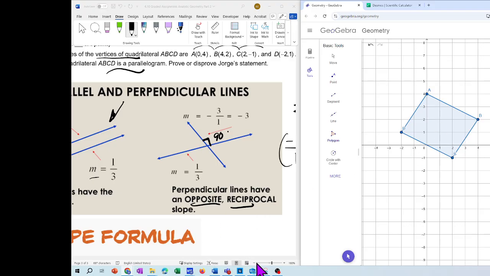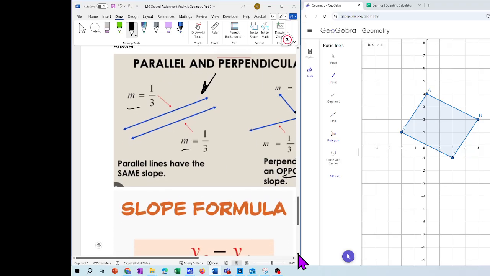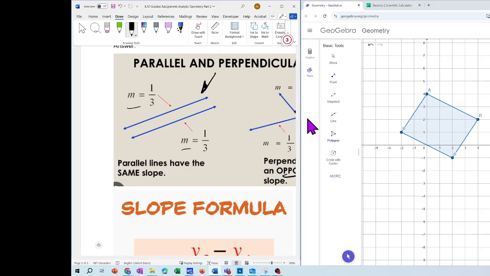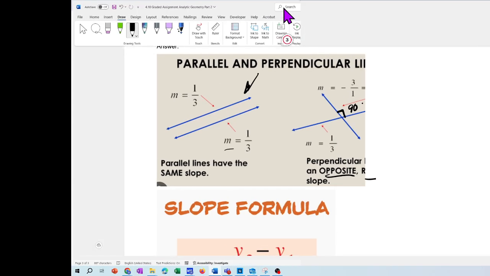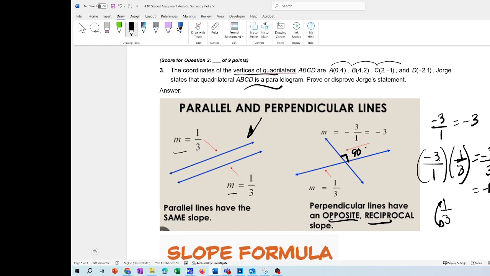Let's first do A and B, those 2 points, AB. So I'm going to calculate the slope, AB and DC. I'm going to calculate these 2 first.